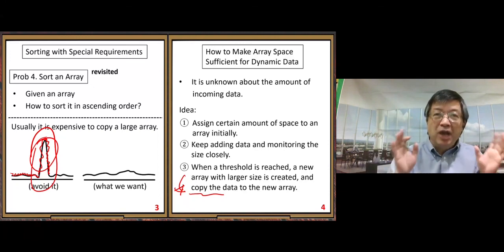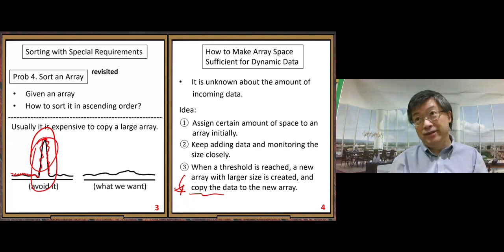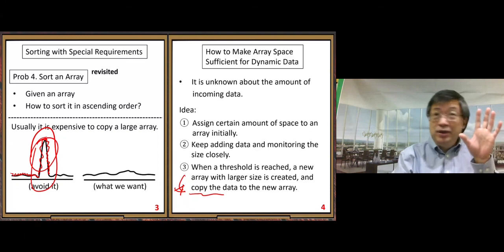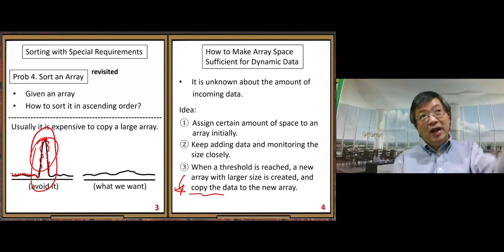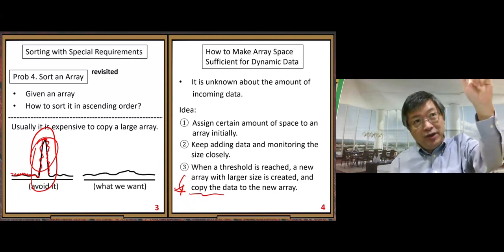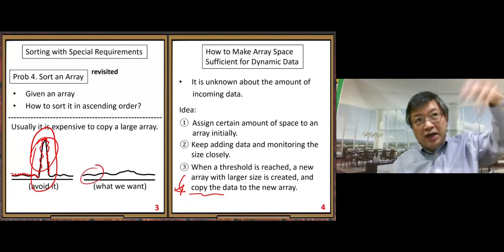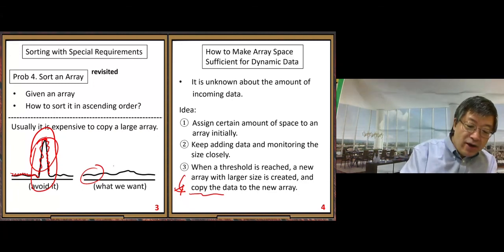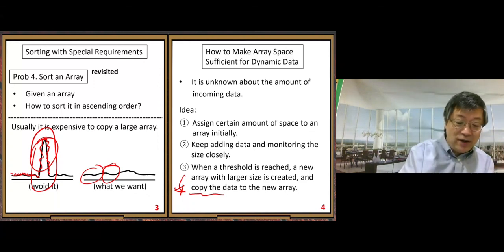You start doing data copy preparation ahead of time. You create a new array, then you copy data, but you do not need to copy all the data at the same time. After one data insertion, can you copy 10 data items? After the second insertion, can you copy another 20 data items? Try to find that number. You make that copy to the new array.